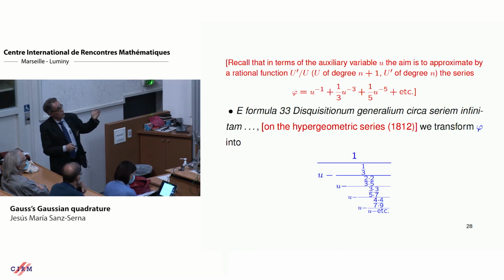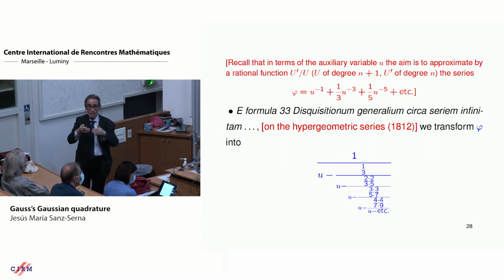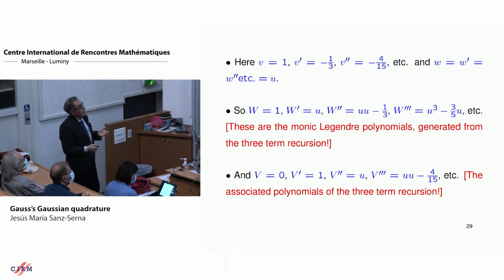So here he showed how to transform this continued fraction into this series and vice versa. So we have to approximate this series at infinity, but of course, having written it in terms of a continued fraction, you just have to truncate, and the convergence will be optimal approximations at infinity. So this is what he does.